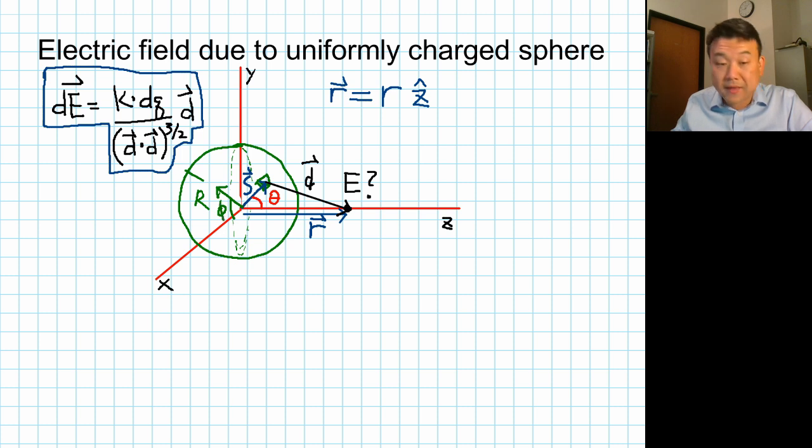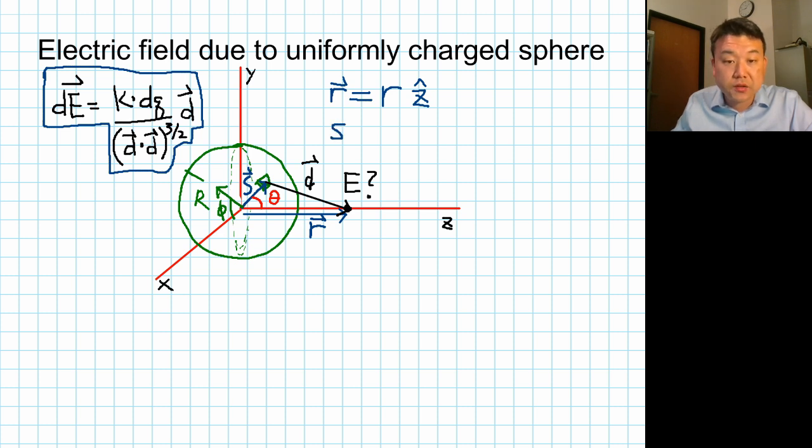Once again, your math class and physics class will just have two different conventions. So with these two angles and the distance from the origin, we can specify this vector.